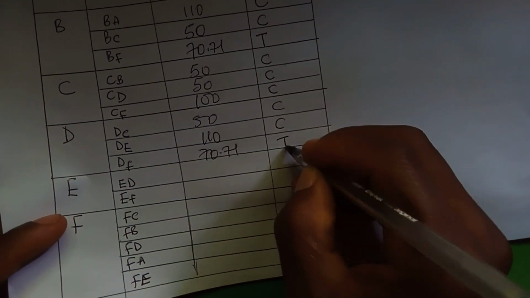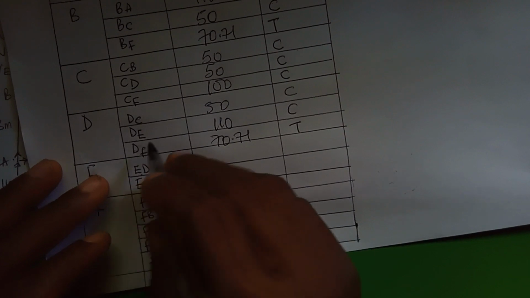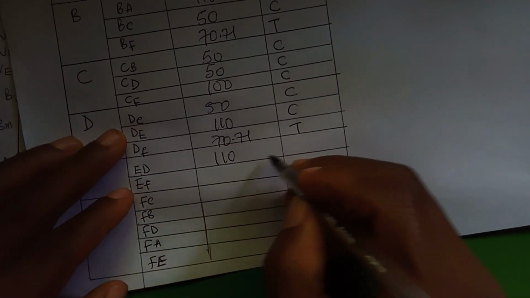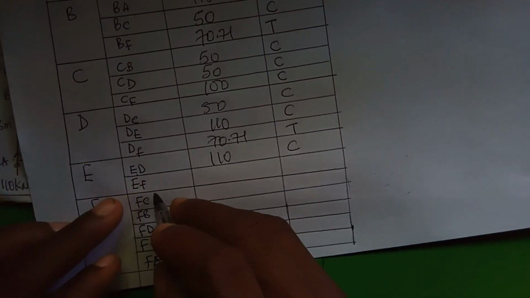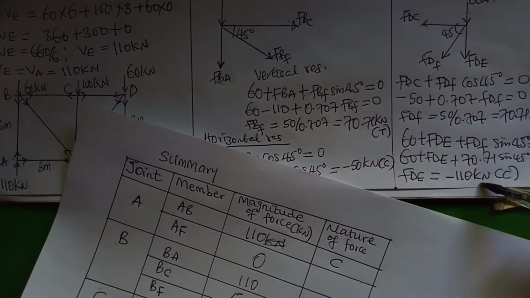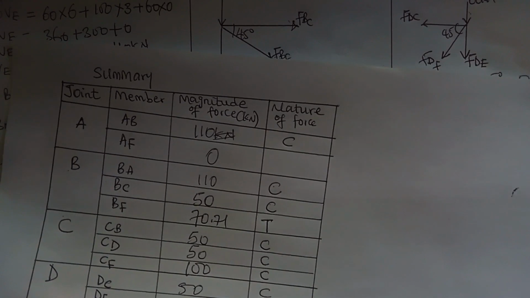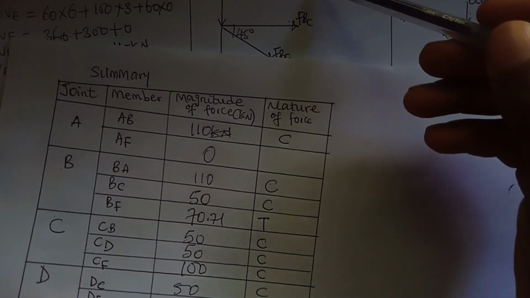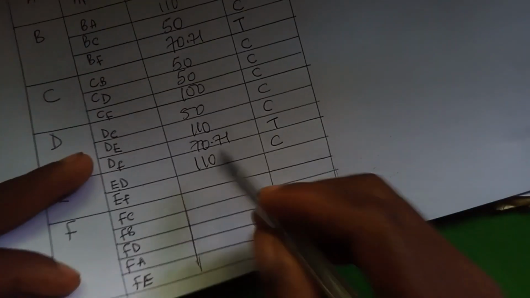DF is 70.71, tension. ED is the same as DE, which is 110, compression. EF, our EF is what? Let's look for that. The EF is the same thing as AF, which is 0.